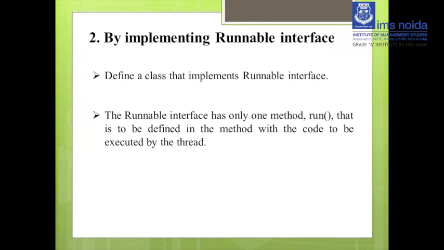So define a class that implements the Runnable interface. You already have seen the extends keyword, the use of the extends keyword to implement a thread. And now the second method is to implement a thread with the help of the Runnable interface. How it is implemented, we will see with the help of an example.